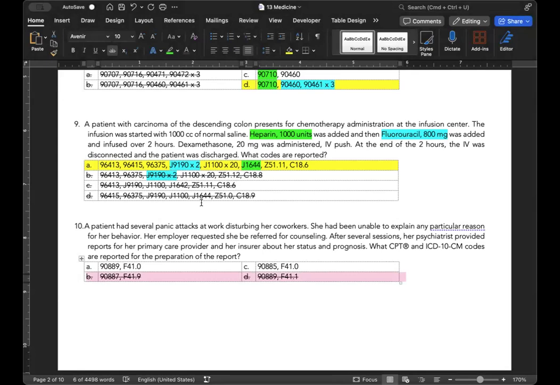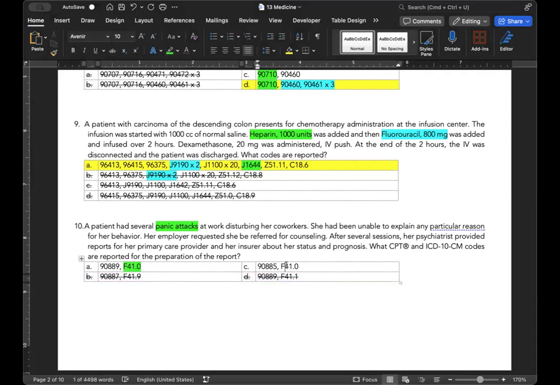Not that I don't believe you, but I always like to look at the code and make sure that the code description matches everything correctly. So F41.0 is panic disorder, and then you've got your includes notes underneath that state panic attack, so we know that that's good. So our F41.0.